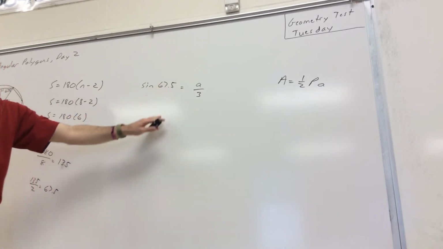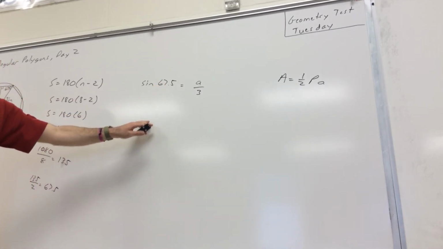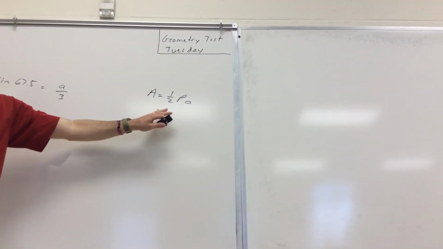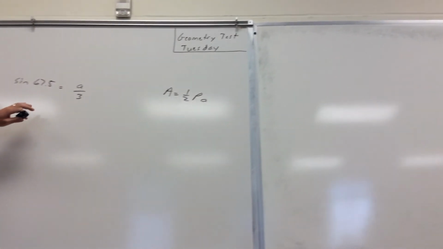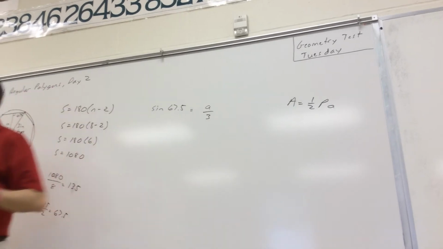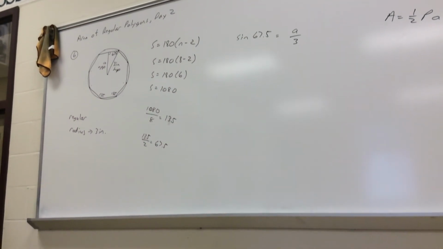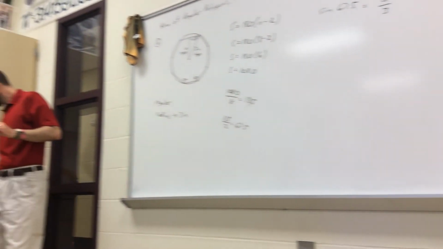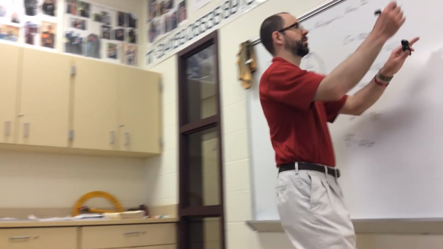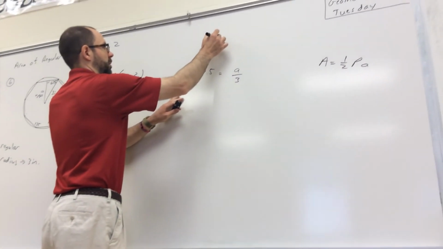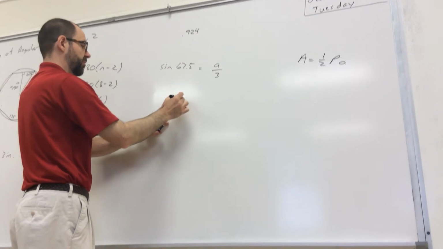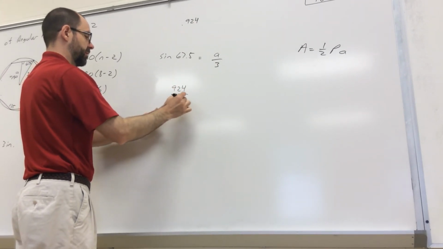We're doing this to figure out the apothem, so that we can take that number and put it over here to find the area. So now I'm just going to type sine 67.5 into my calculator. I'm getting 0.924. That's tenths, hundredths, thousandths, so this is 924 out of 1,000.